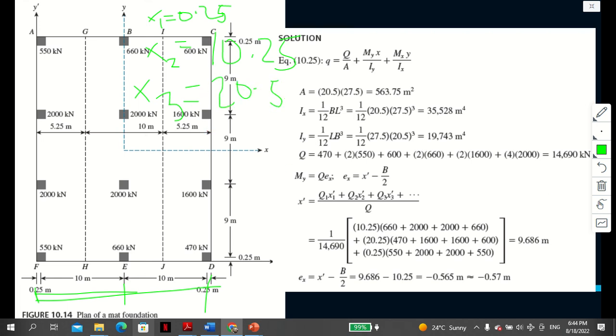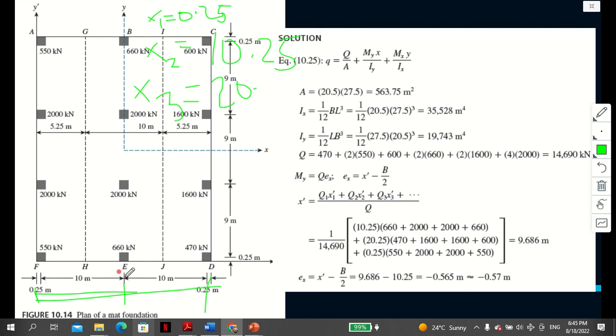Now, for those who don't understand, the load is applied at the midpoint.